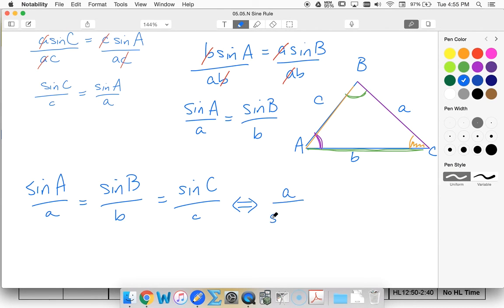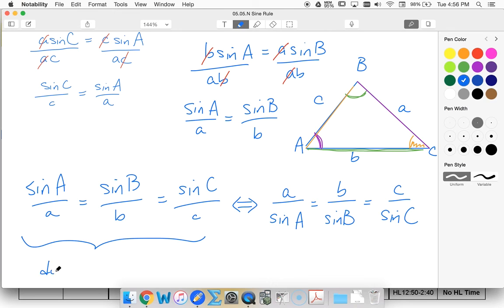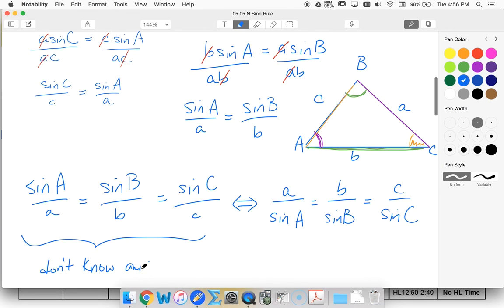So side a over sine A, side b over sine of angle B, side c over sine of angle C. So if I don't know the angle, I want to use this version. Don't know the angle. If I don't know the side, I want to use this version.